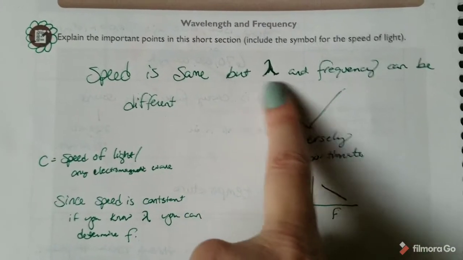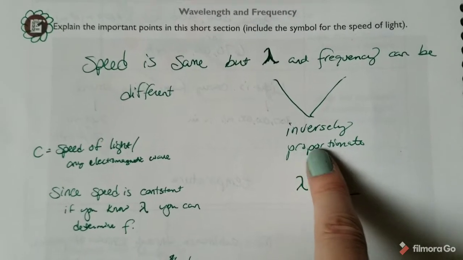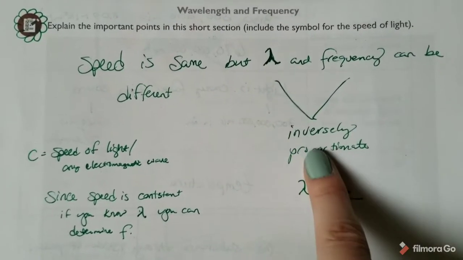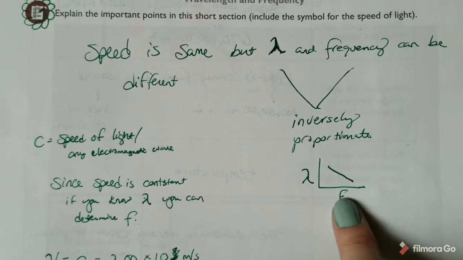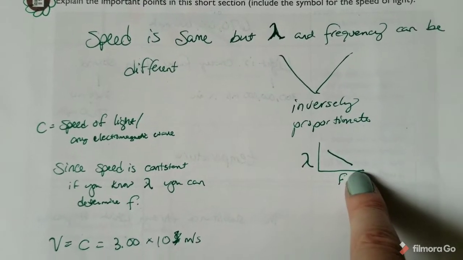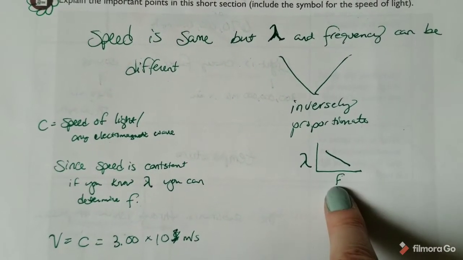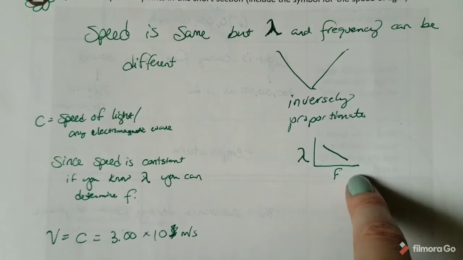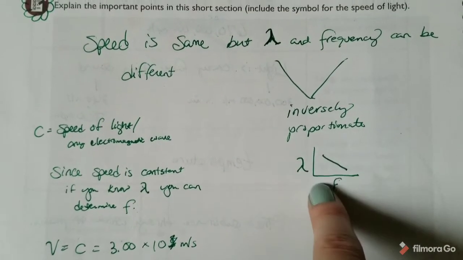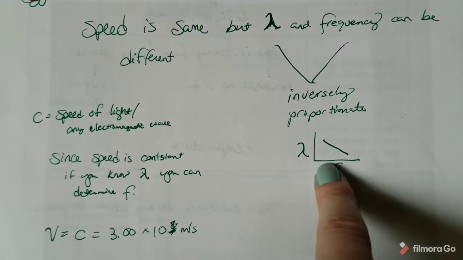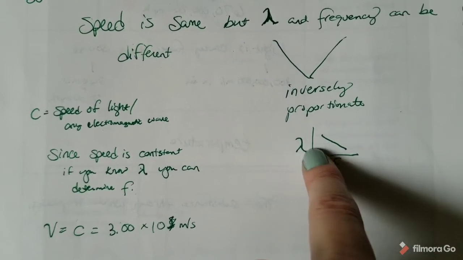These two are inversely proportional, which means if this is graphed, wavelength and frequency, the graph line would go this way. As one gets higher, the other one gets lower.